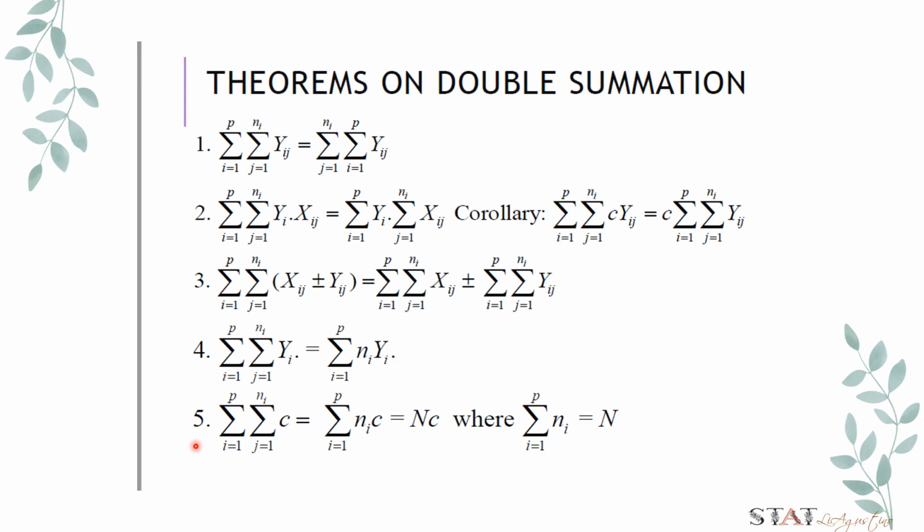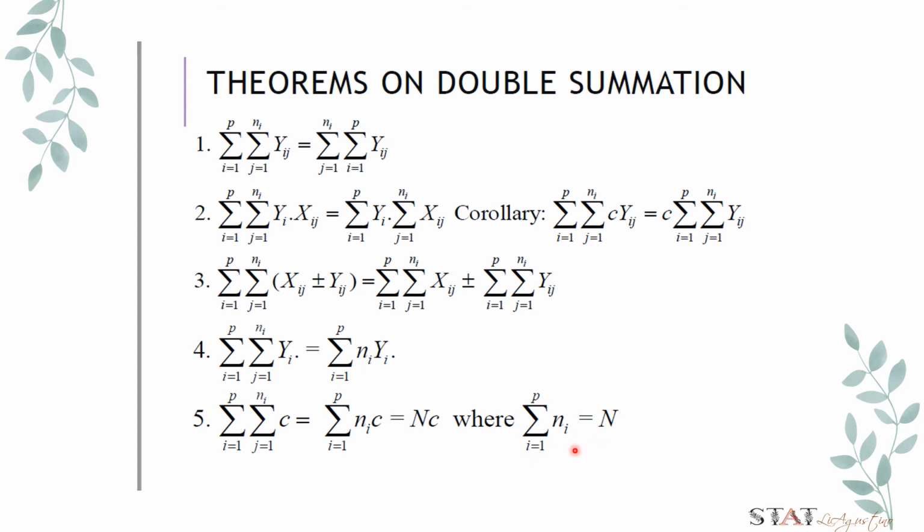And then the fifth theorem, we have the double summation of c, where j ranges from 1 to ni and i ranges from 1 to p, is also equal to summation of ni c, where i ranges from 1 to p, or it can be the total number of observations or the population size multiplied to your constant, where summation of ni, where i ranges from 1 to p, is equal to n.